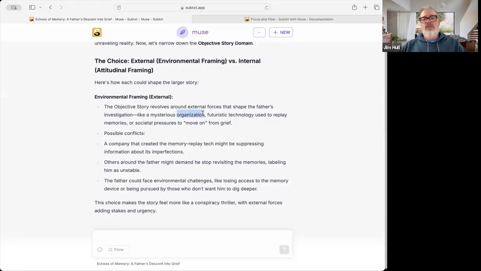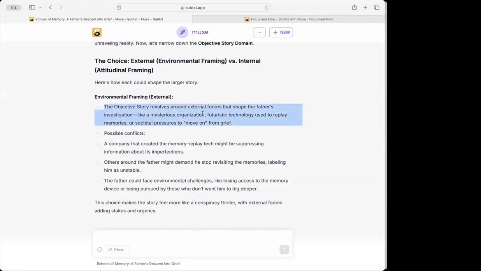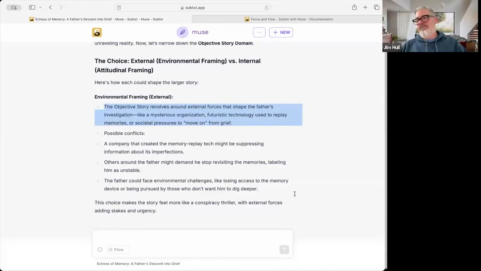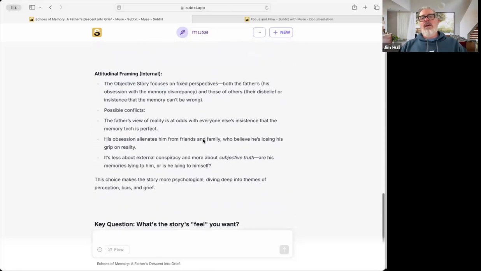This one would be more about the oppressive society, more the sociological things, the environment, as if they're the ones in charge. And you want to really explore that feeling of upper class versus lower class. That would be an environmental framing.